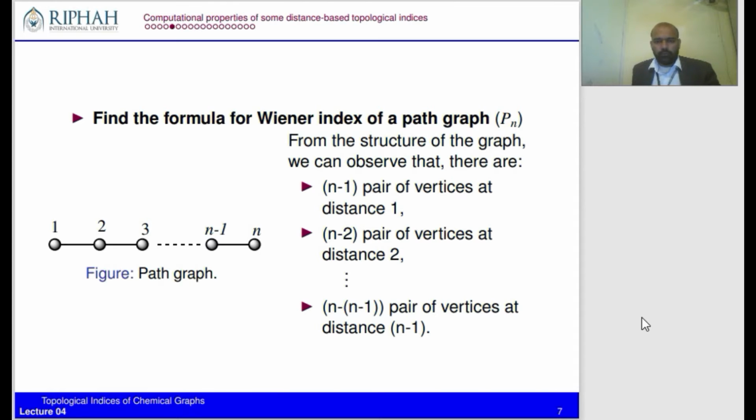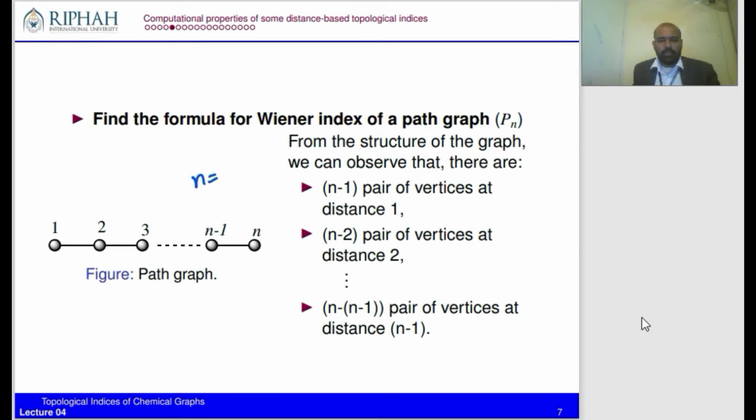From the structure of the path graph, you can observe that there are n minus 1 pairs of vertices at distance 1. Suppose in this example we consider n equal to 5. You can see one pair, another pair, and this one, and this one.